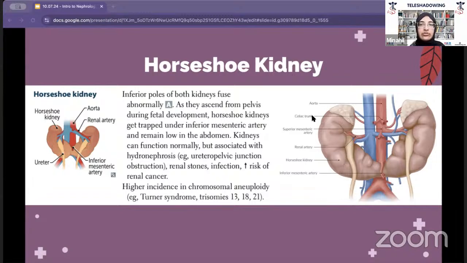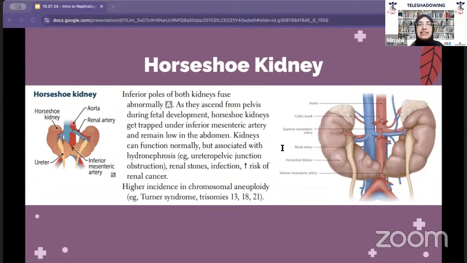First, they're more prone to certain complications because their position isn't optimal for normal urine drainage. As urine moves from the kidney into the ureter, it has to travel at an angle. That can lead to urinary stasis, meaning the urine doesn't flow as freely, and the stasis increases the risk of hydronephrosis.